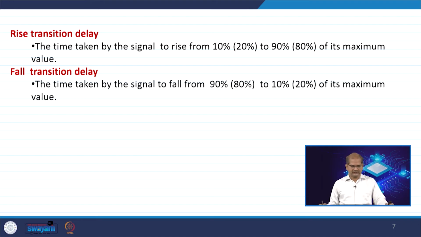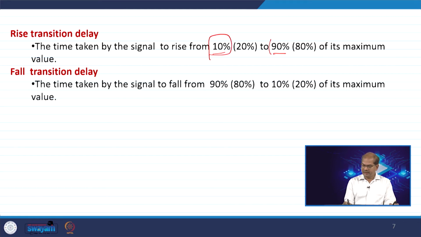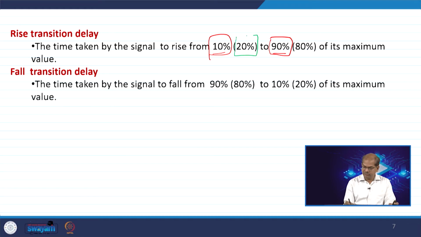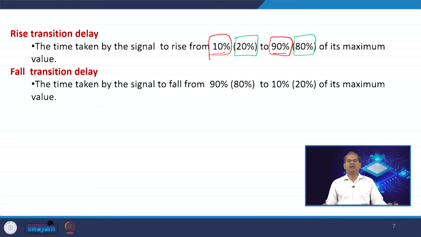Whenever your signal rises from 10% to 90%, or in some cases 20% to 80%, depending upon its usage, either you can do 10 to 90 or 20% to 80% of its maximum value.